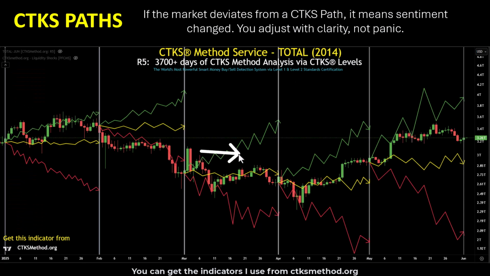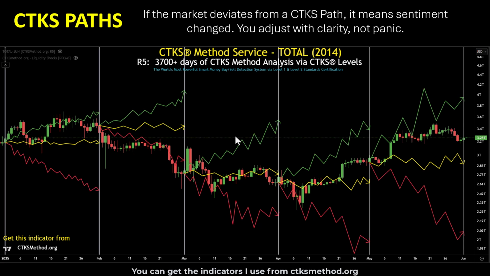For example, here and here, looking back to March, we had very clear levels of structure inside the market. If they were broken, the structure would go down lower. If they were broken to the upside, the structure would go up higher.